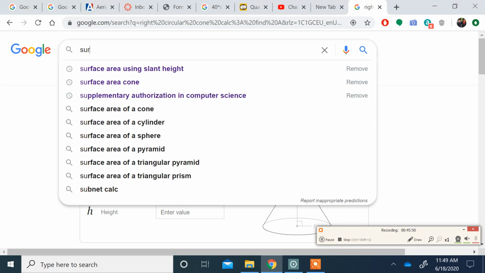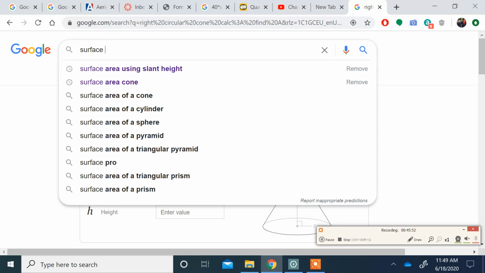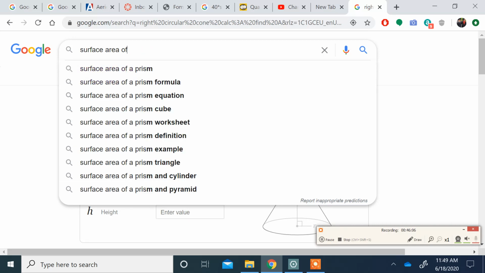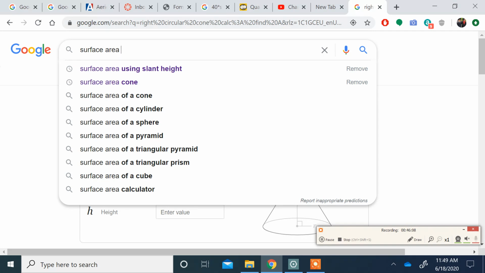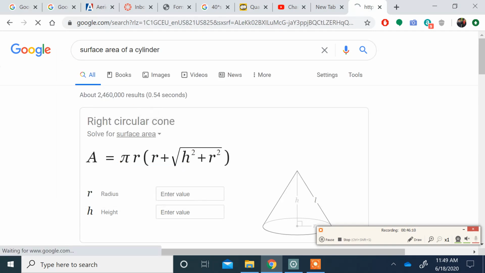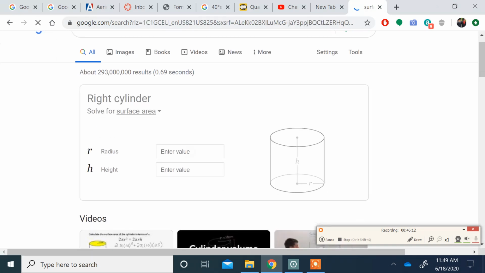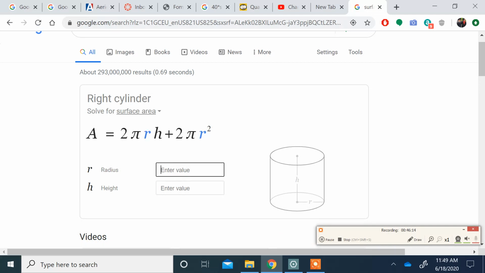If you type in surface area of a cone, it says, here, solve for the surface area, and they're giving you the formula there.